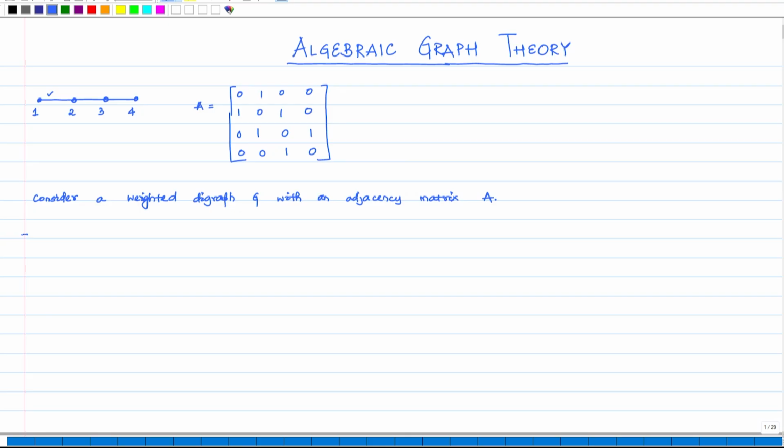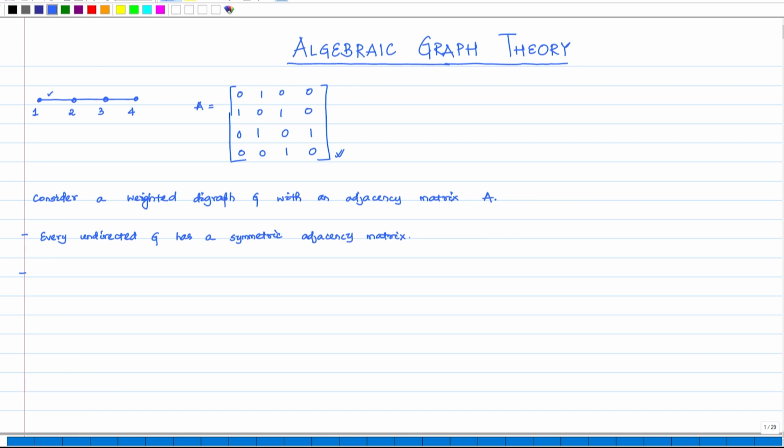The first one is that every undirected graph G always has an A matrix which is symmetric in nature. An example of it is the path graph shown here.